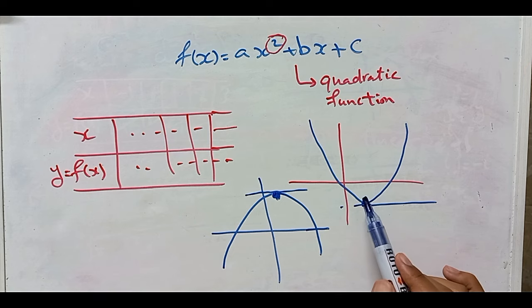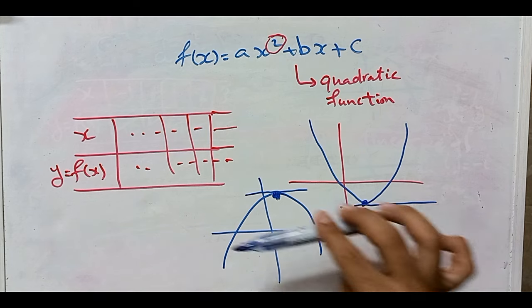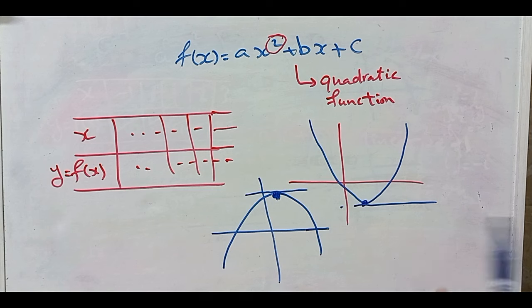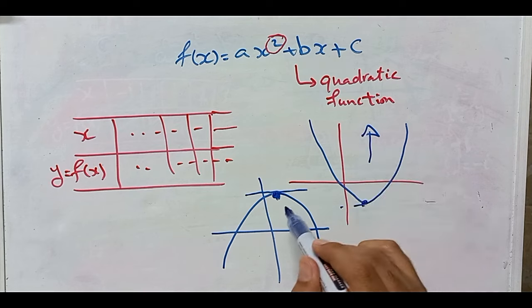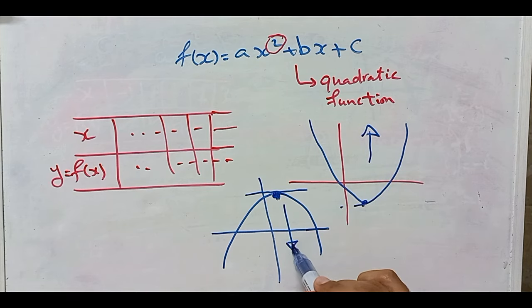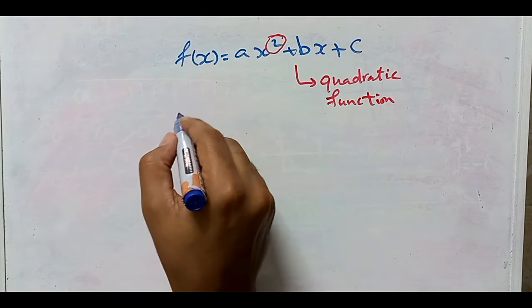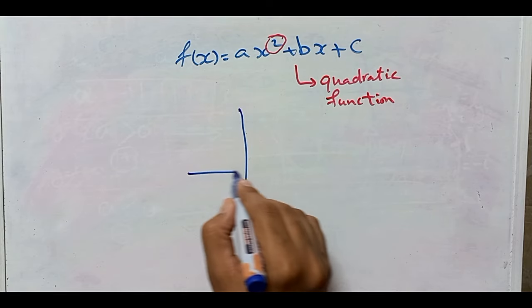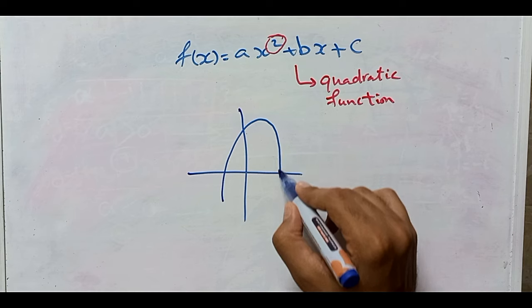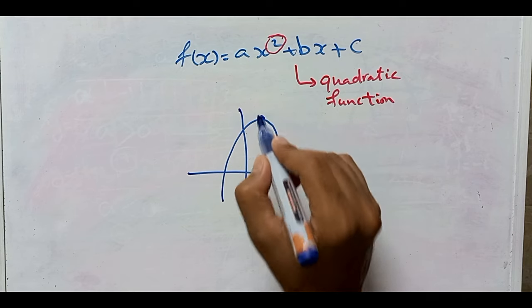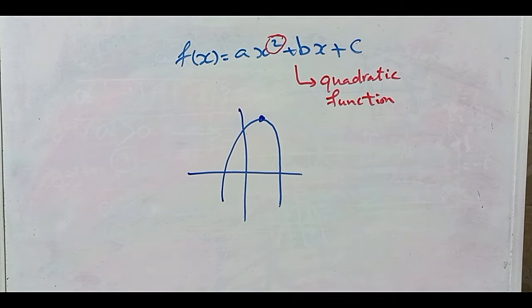So the vertex of the curve may be minimum or maximum, or the curve maybe looks up, or the curve maybe looks down. Now let's have a curve where the vertex is maximum point. So here we have a curve where the vertex is maximum point.